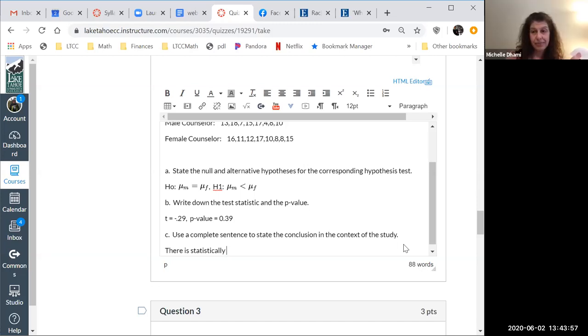Insignificant. Yeah, because notice that our p-value is 0.39. I gave you level of significance, but you don't need to look because that p is so high. Level of significance is never that high. Okay, 0.1 is the highest I've ever seen. So 0.39 will never work. Okay, statistically insignificant.